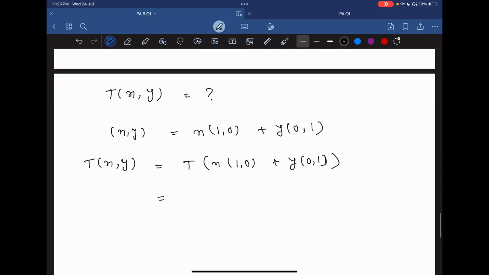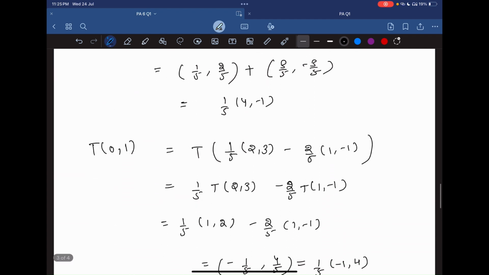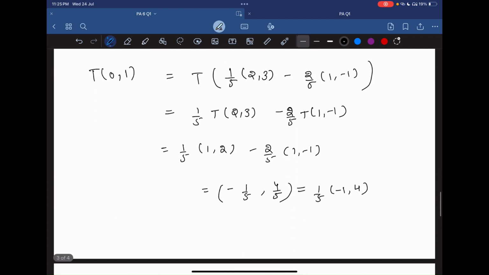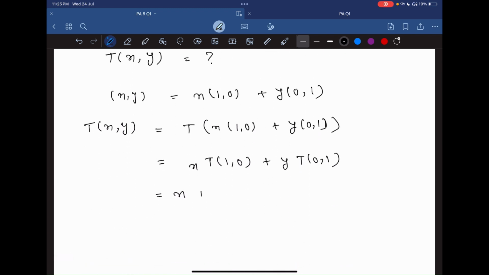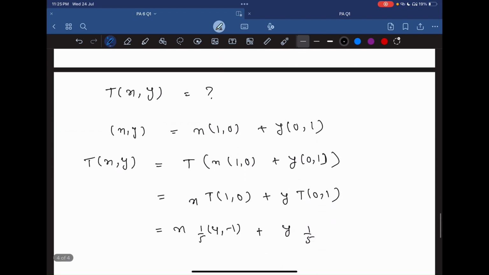And again, using the property of linear transformation, x times T(1, 0) plus y times T(0, 1). So T(1, 0) we got as 1 by 5 times (4, -1) and T(0, 1) as (-1, 4) over 5.